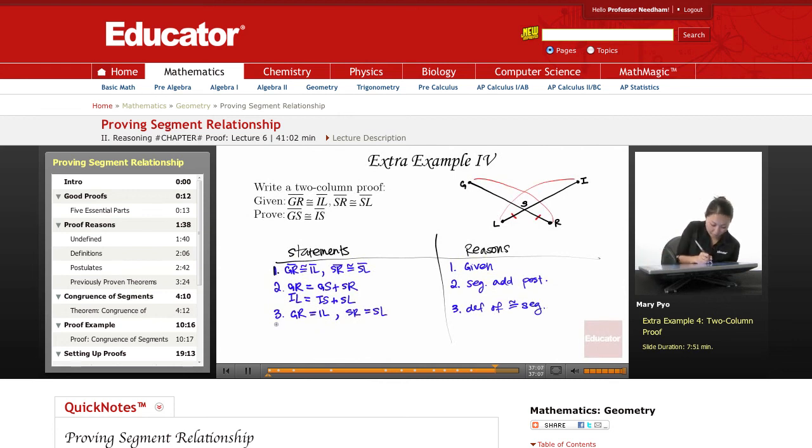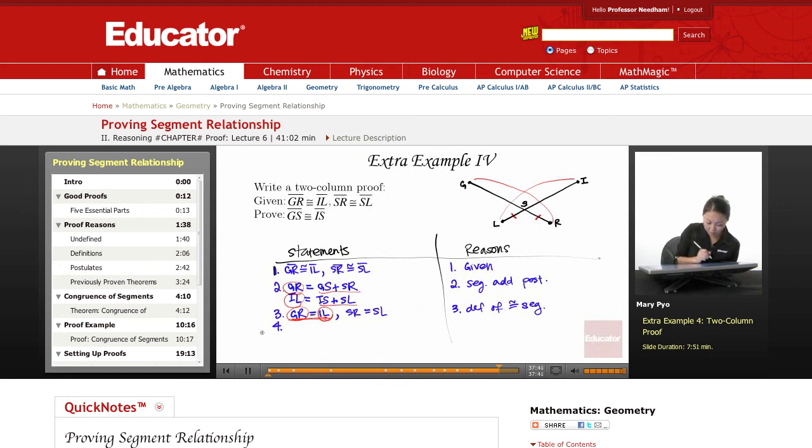Okay. Then my next step, see how GR is right there, and then IL is right there. So I can use this as my equation and then substitute in the parts of GR, all of this, because that equals GR. So I can substitute all of that into GR and then substitute all of this for IL.